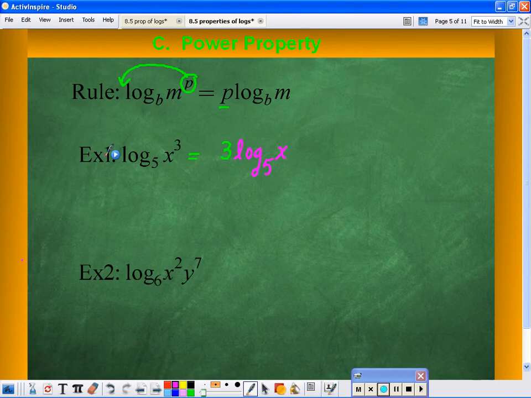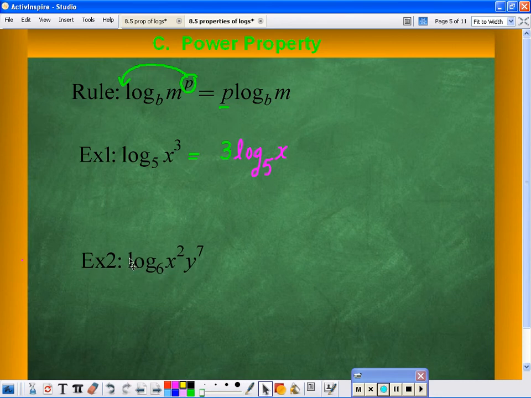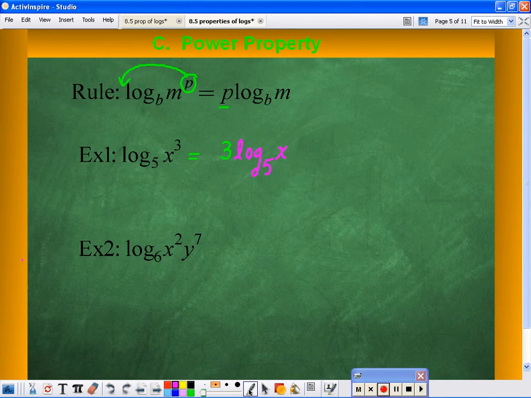And the next one, if I have log base 6 of x squared y to the 7th, that's a little bit trickier because we're going to incorporate 2 skills here. We're going to use the first one, multiplication means addition, and then we'll incorporate the power rule. Remember that this really means x squared times y to the 7th.